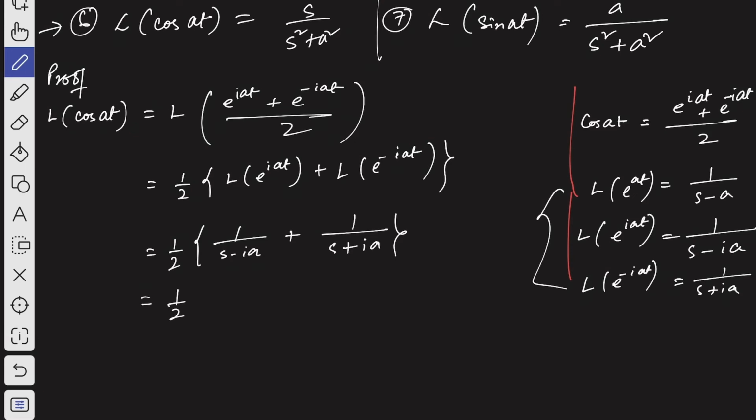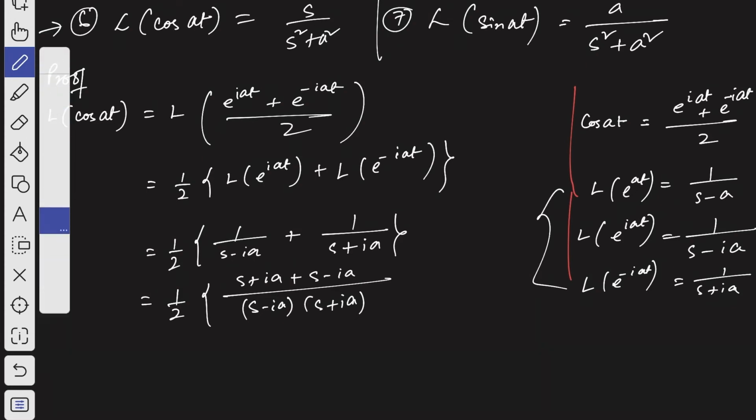So half, that's what we will get here: s minus ia into s plus ia in the denominator, and s plus ia plus s minus ia in the numerator. That's what we will get.